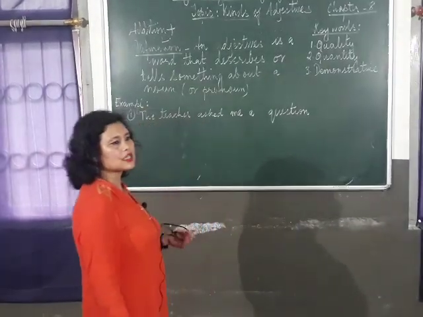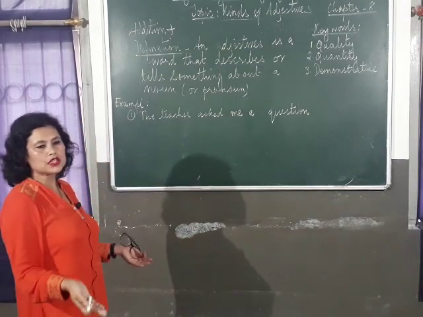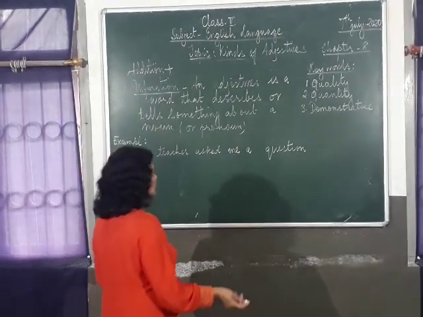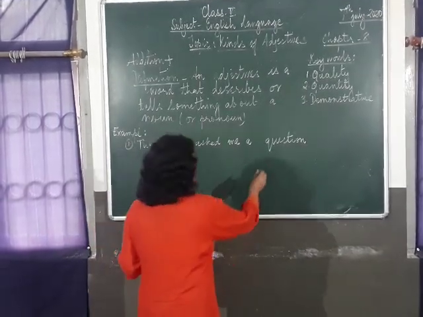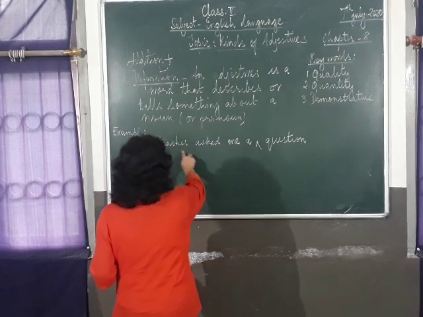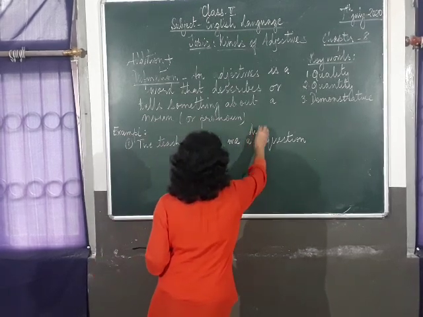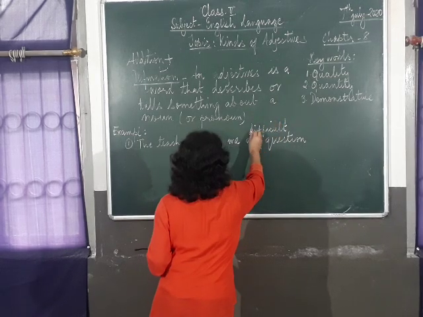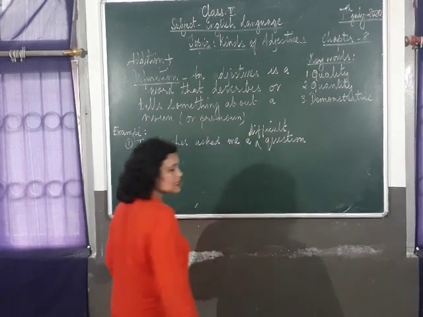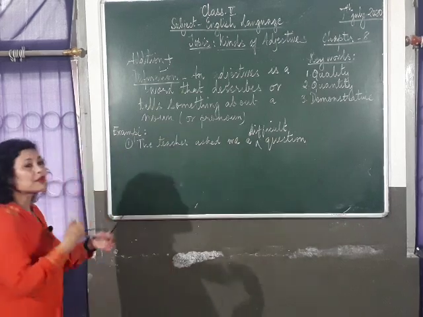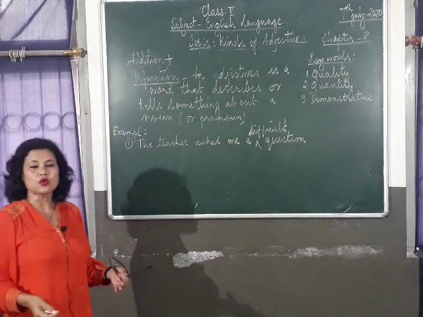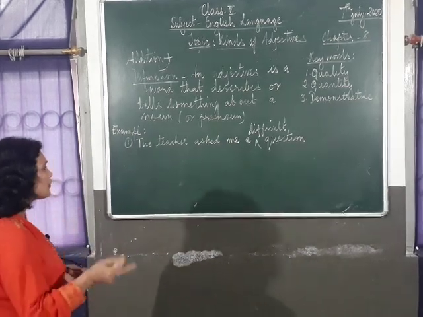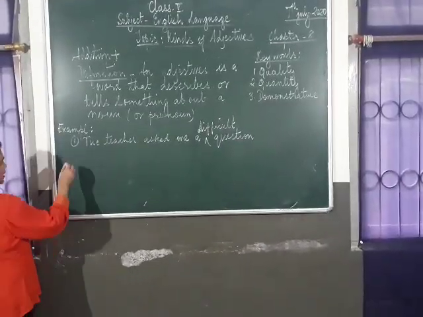The teacher is asking you a question. But what type of question she is asking, you don't know. So if I add an adjective here, it will add more meaning to the noun. The teacher asked me a difficult question. So difficult is an adjective, so it adds something more to the noun, and then you know that the teacher is asking you a difficult question.